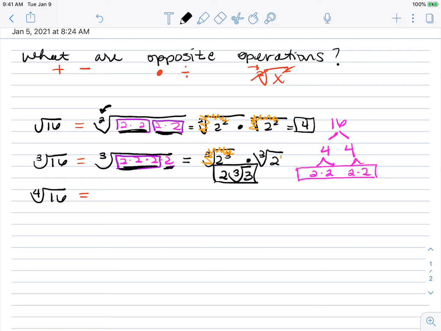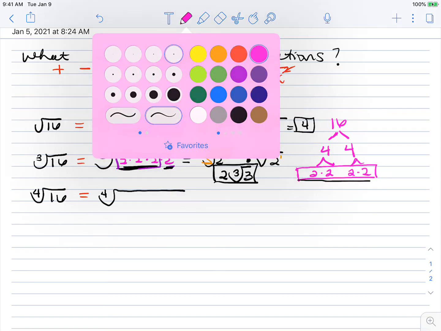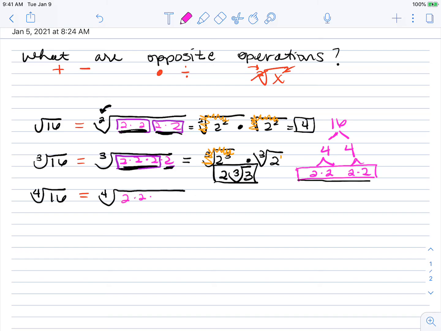On the last one, I have the fourth root of 16, so I'm going to write that down just like I did before, because we've already factored 16, and say that's the same as the fourth root of 2 times 2 times 2 times 2. And my index of 4 is telling me that I want something in a power of 4 so that they can be opposite operations and cancel out.